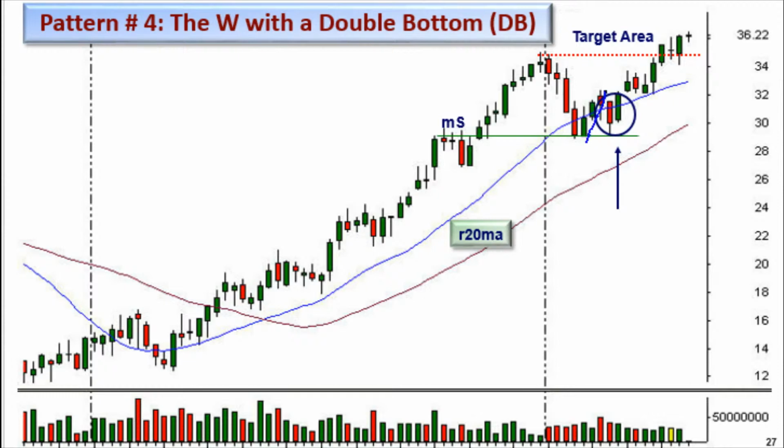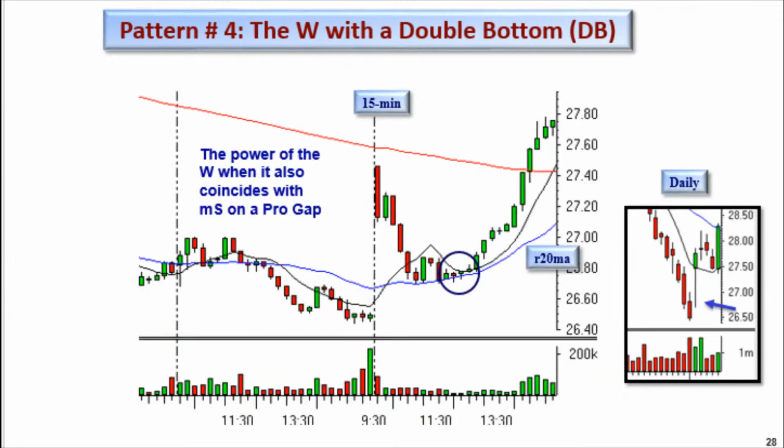Sometimes it comes in the form of a bleed. It comes in the form of something else. So whatever it is, you just have to wait for that secondary entry. Notice the daily was gapped up after being down a lot. So gapped up right here over the last two red bars, but perhaps gapped to resistance because it sold off after the open and right to the flat 20 MA.